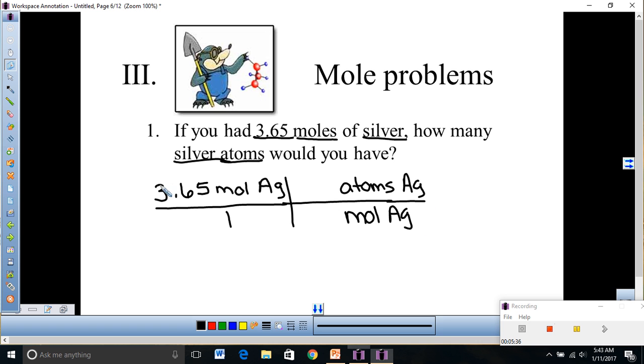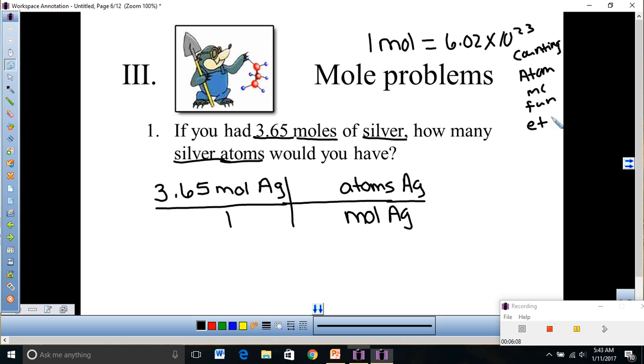So I took my number, my unit, my label, I brought it down, and what I'm looking for is going to the top. Now for now, the conversion that we're going to be using is 1 mole is 6.02 times 10 to the 23rd of counting things, such as atoms, molecules, formula units, etc. So notice that 1 is with the word mole.